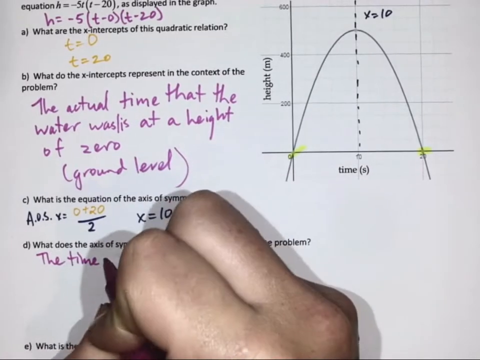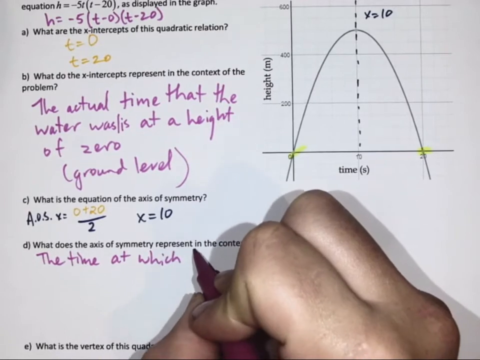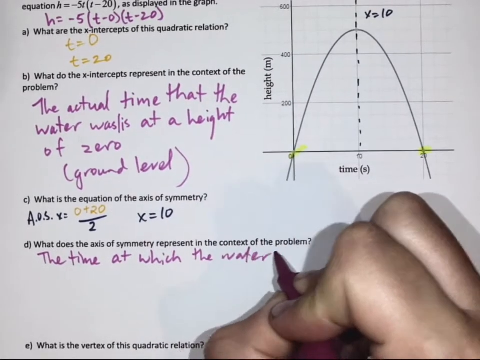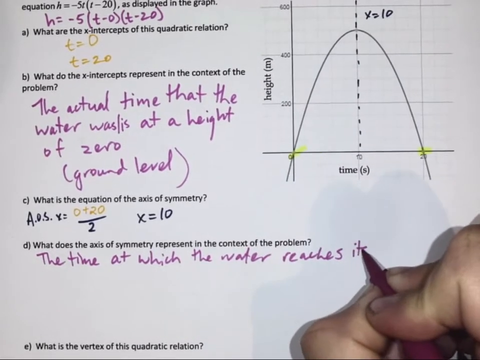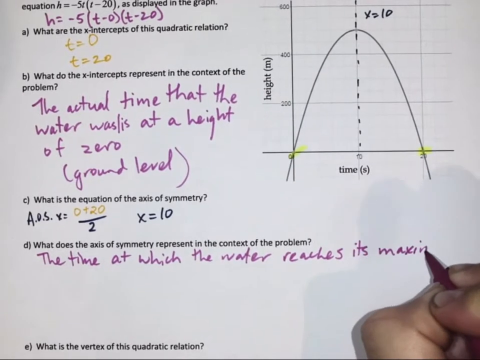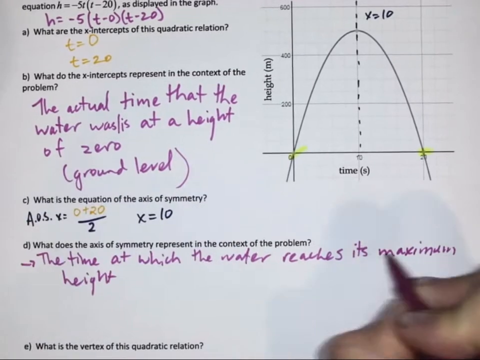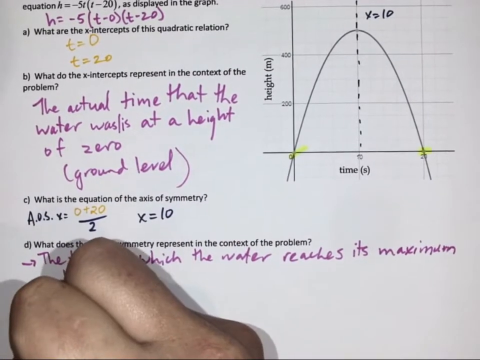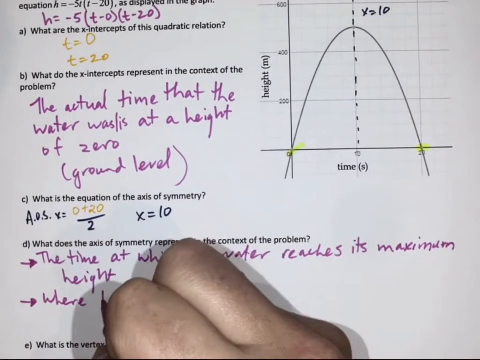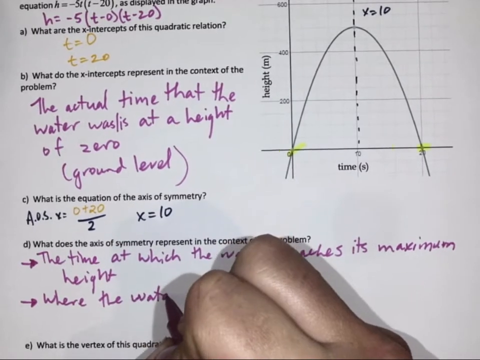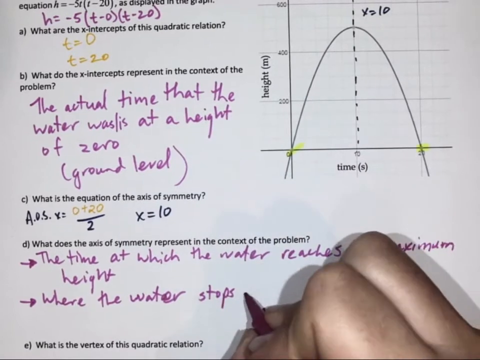It's the time at which the water reaches its maximum height, and it's also the point where the water stops going up and starts coming down.